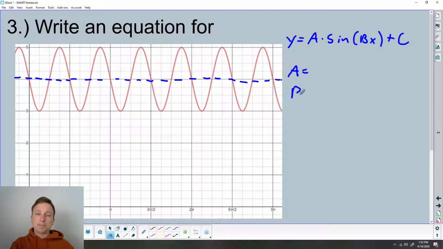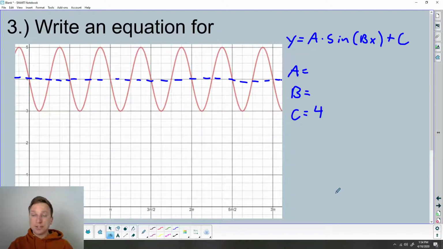We need to find B, our value that determines what the period is, and we need to solve for C, which is our principal axis, or in another term, a vertical translation, shifting it up or down. So we've already found what our vertical translation is, or what our principal axis is, right here. 4 units up is what it keeps oscillating between. So our C value is 4.